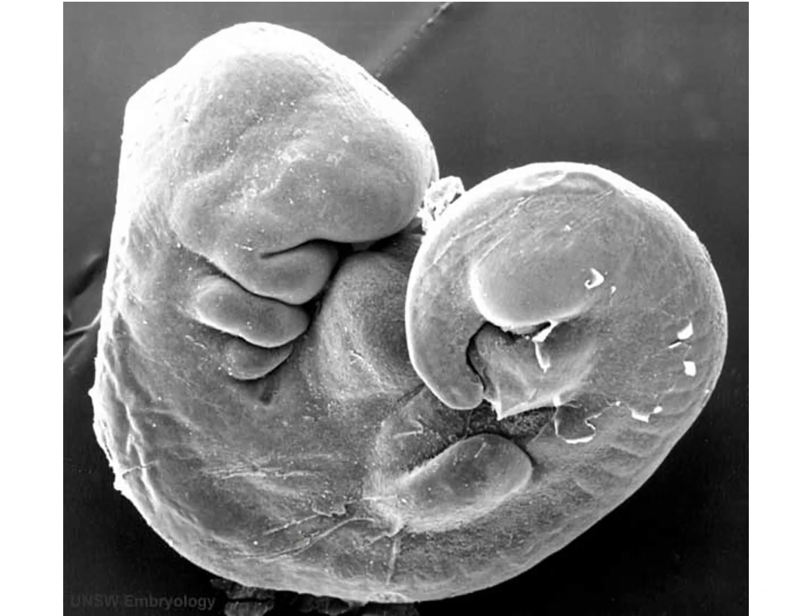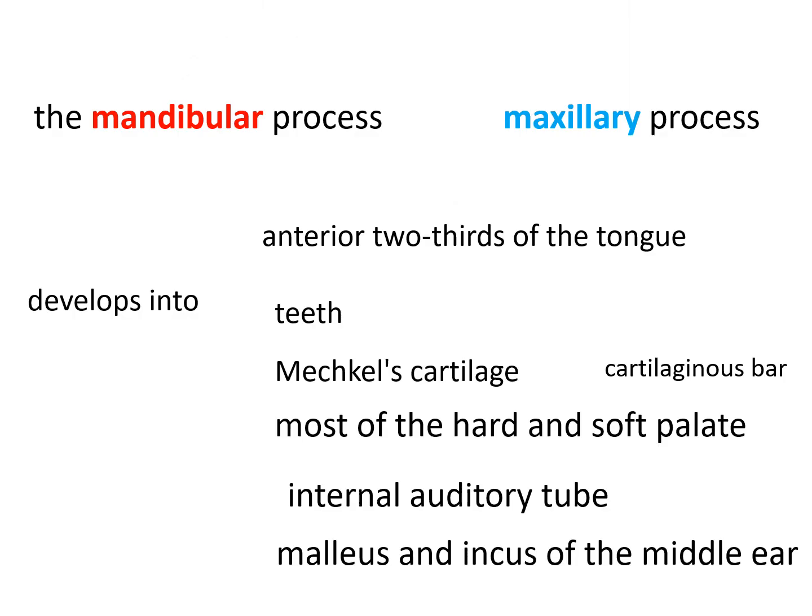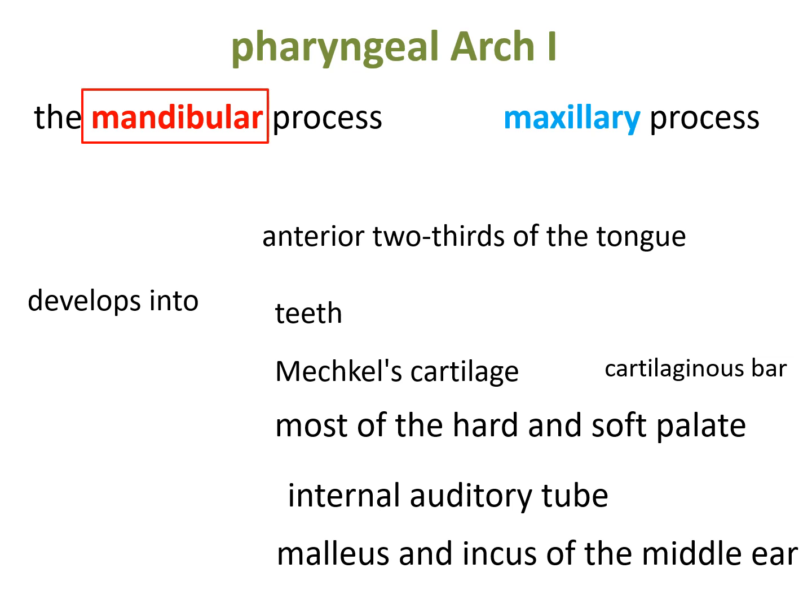This is a scanning electron microscope image of an embryo where we can see the first arch dividing into a maxillary process and a mandibular process. Let us write down some remarks about pharyngeal arch 1. It has a mandibular process and a maxillary process.